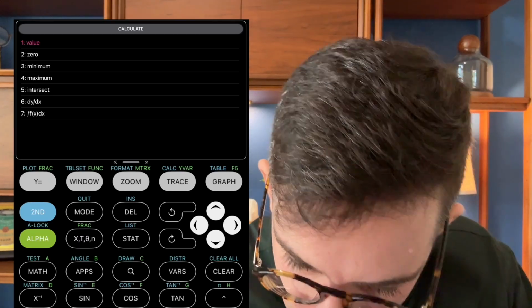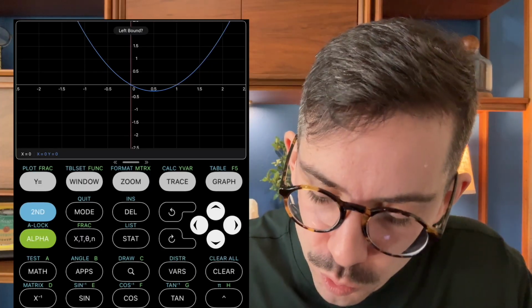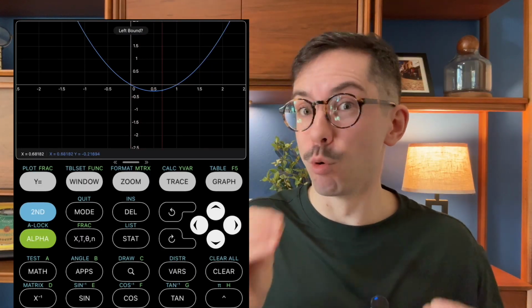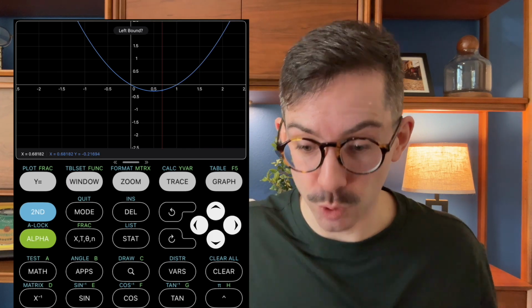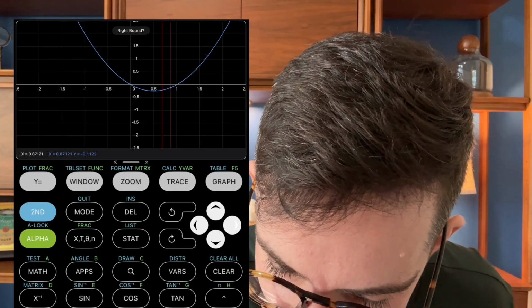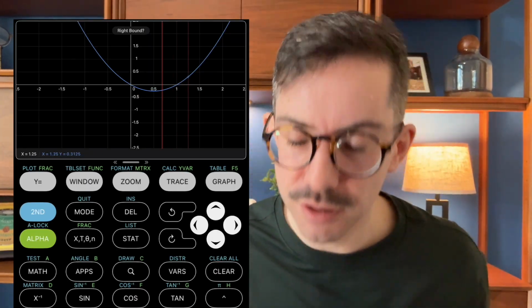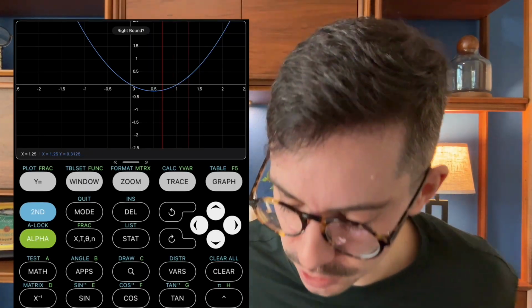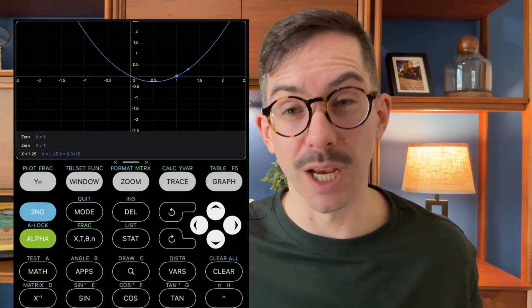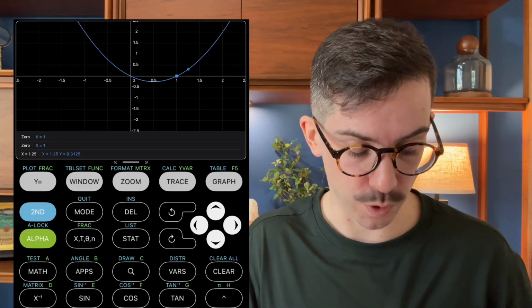So if I hit 2, I now need to help the calculator out a little bit because there might be more than one x-intercept. So here, it's asking me for a left bound. It's asking me for a right bound. So I'm going to sandwich the intercepts that I'm interested in. And then it finds that x-intercept for me. In this case, it was x equals 1.